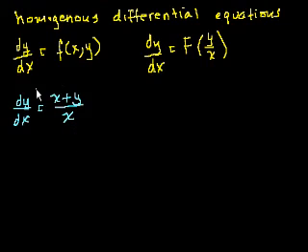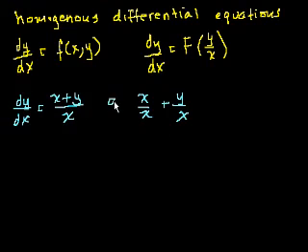As we see right here, the derivative is equal to some function of x and y. And my question to you is, can I algebraically rewrite this so it becomes a function of y over x? Well, sure, if we just divide both of these top terms by x, this is the same thing as x over x plus y over x.